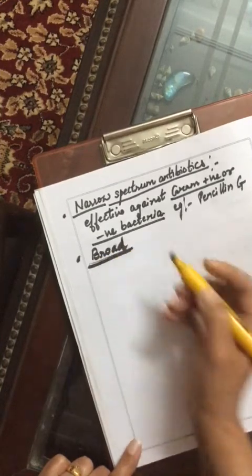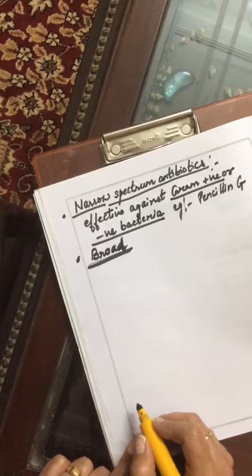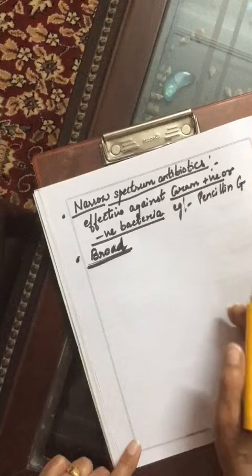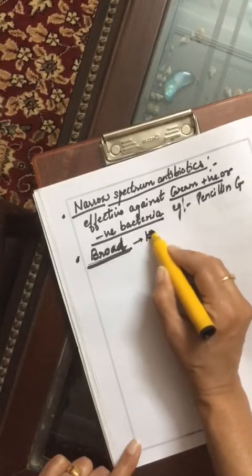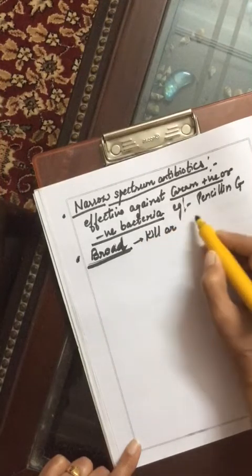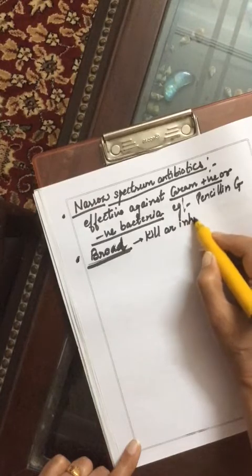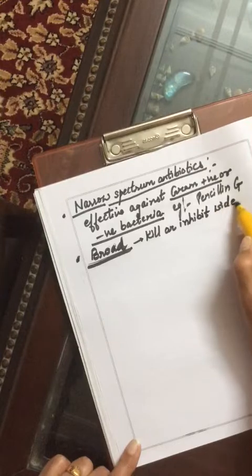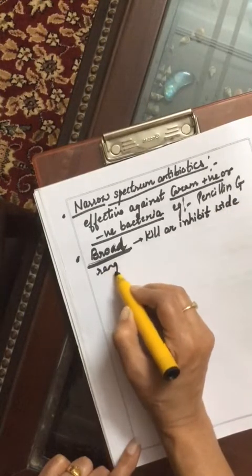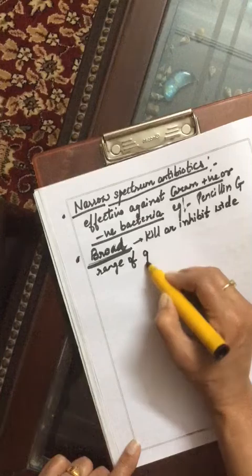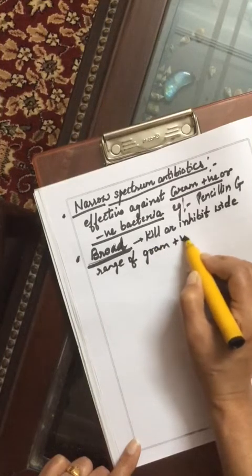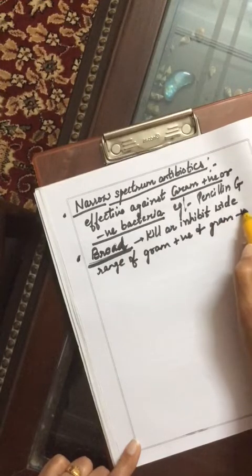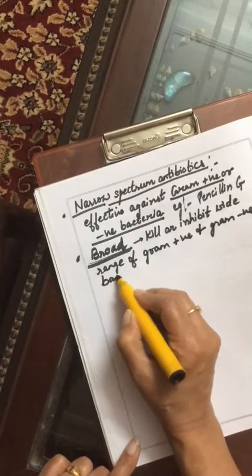Now come to the second type, broad spectrum antibiotics. As is clear from the name, their spectrum is broad. So they either kill or inhibit a wide range of gram positive as well as gram negative bacteria.